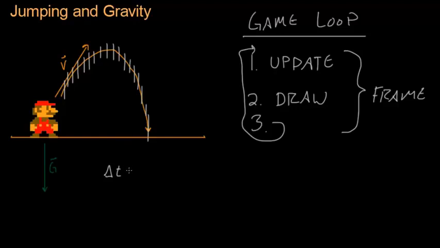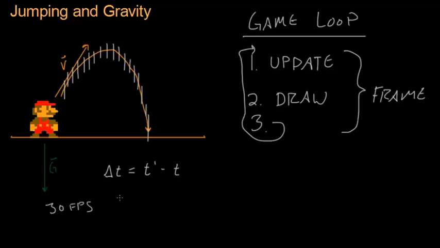And the delta t is the time that passes between this frame, which I'm going to call t prime, and the last frame, the previous frame, which is t. So how much time passed between when we're starting this frame and when we started the last frame? That's delta t.